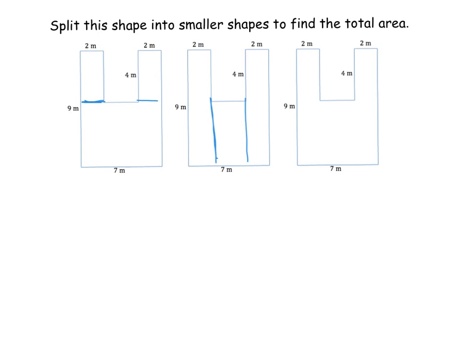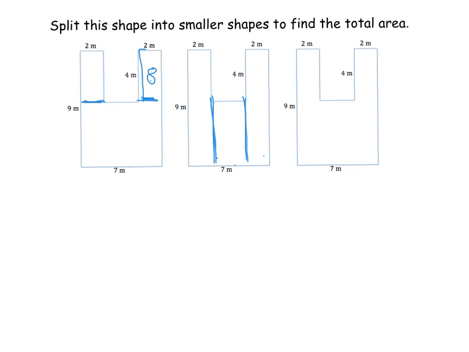I drew a line splitting this into 2 rectangles on the top with a rectangle on the bottom. And then this way I split it so there's 2 tall rectangles with a rectangle in the middle. And so to find the total area, you'd find the area of all of the pieces. So here, this is 2 by 4, so that's 8.